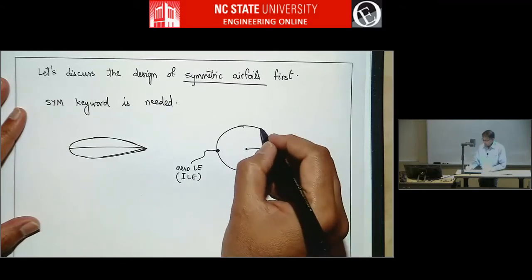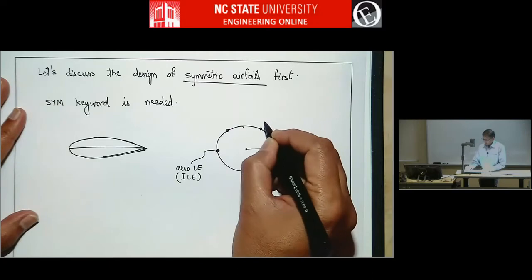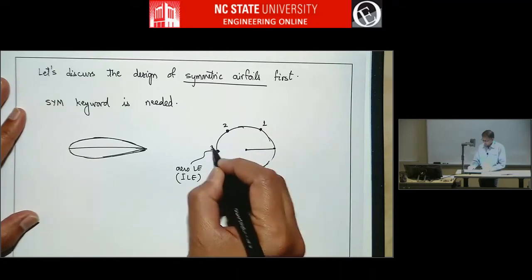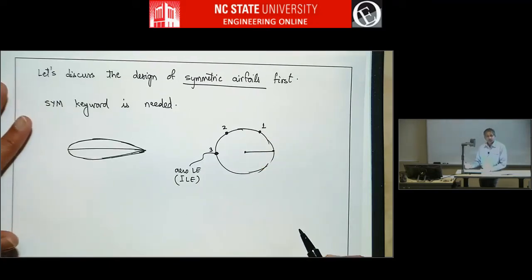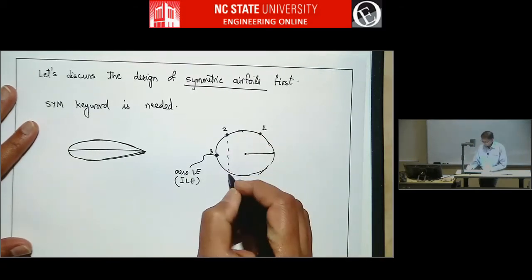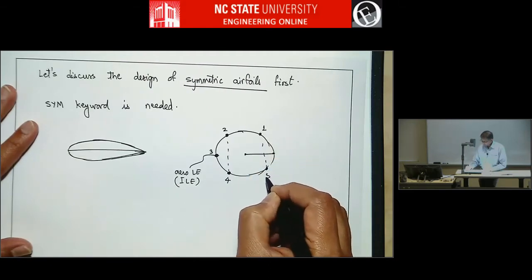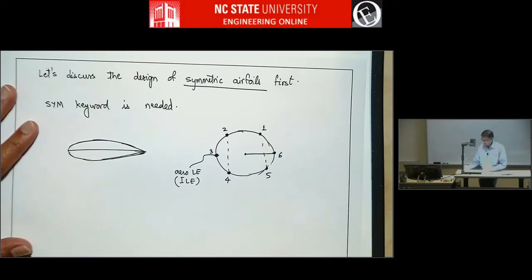So let's say you have 3 segments on the upper surface, right? 1, 2, and 3. You have to have the same segments on the lower surface and they have to be mirror images. So your fourth segment should be here, fifth segment should be here, and sixth segment is always the last one. And everything has to be mirror image.